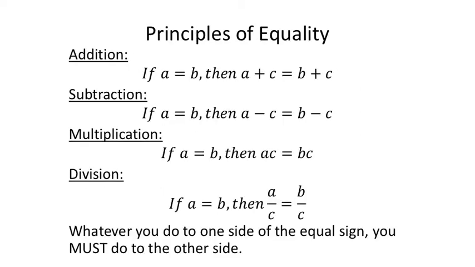So principles of equality, we need to review this as many times as we can because it's not going to go away. So whatever you do to one side of the equation, you got to do the other side, but we're doing these with purpose, right? So if we use addition or subtraction, this means we're trying to make zeros.